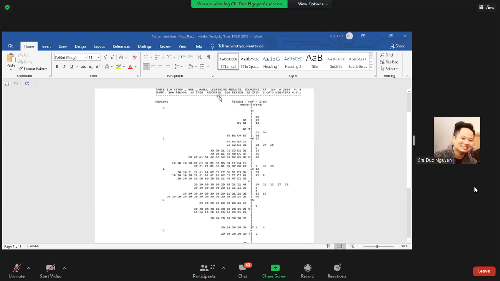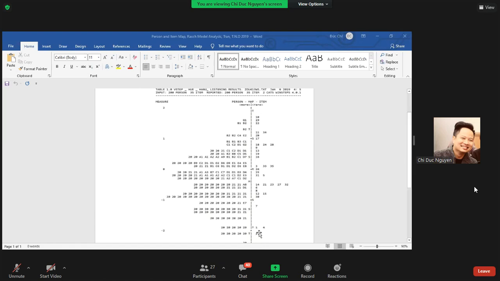On the left-hand side is the number of test takers together with their performance. On the right-hand side, the difficulty levels of the test items are arranged from the lowest one to the highest one.